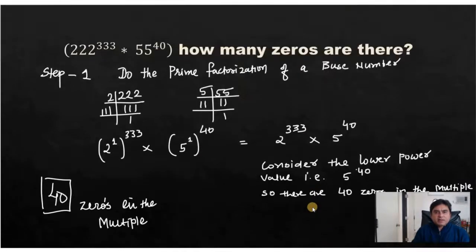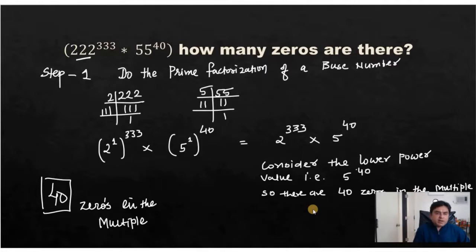Next, how many zeros are there when the value given is 222 to the power 333 multiplied by 55 to the power 40? First of all, we have to do the prime factorization of the base, only the base. So 222 is 2 into 111, and 55 is 5 into 11.